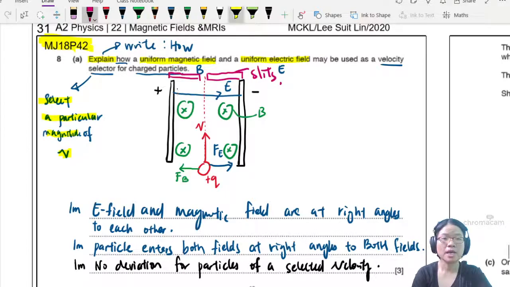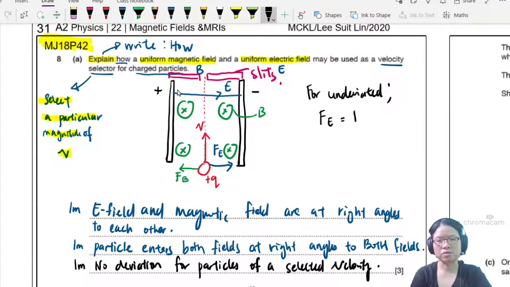All right, and if you're feeling insecure, you could say for V equal to E over B. Either you memorize this, or maybe it's a big ask. So you could say for undeviated particle, Fe is equal to Fb.